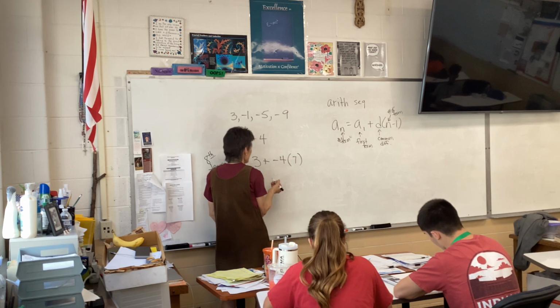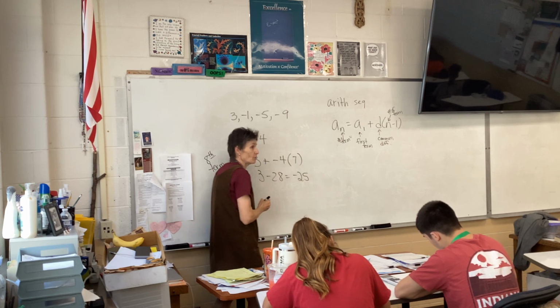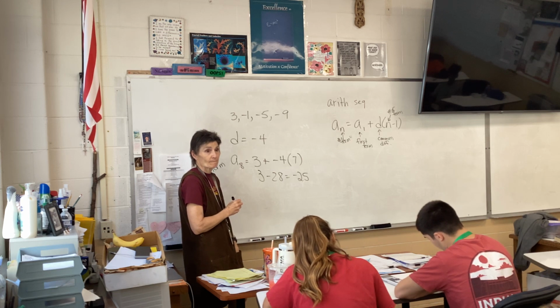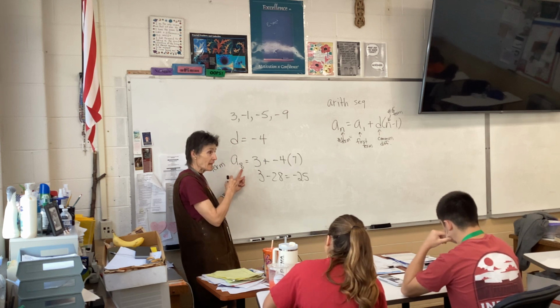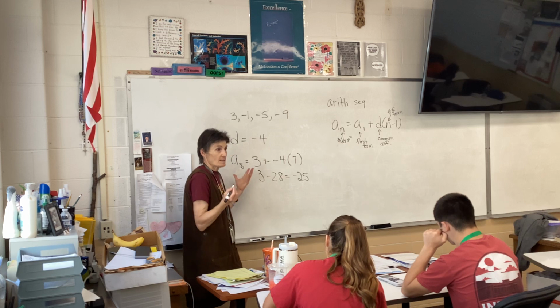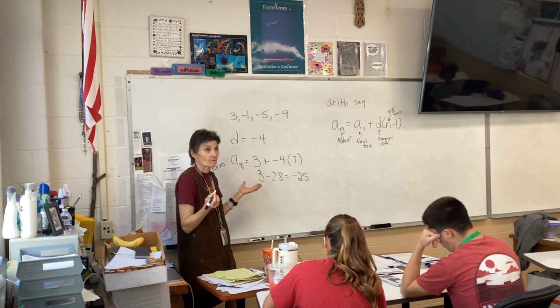So 3 minus 28, it looks like -25 is my 8th term. Now, if this had been an 800, could I have done exactly the same thing? Yes, and it wouldn't have been any harder. The number would have been bigger, but it wouldn't have been any harder.